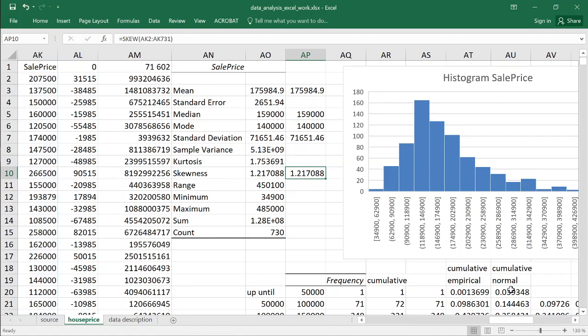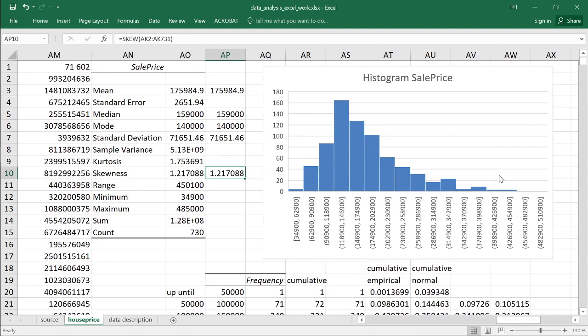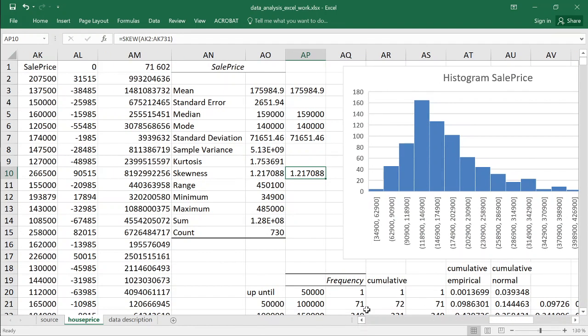If the distribution looks like this one, where the left tail is rather steep and the right tail is rather flat, then the skewness is positive. If it was the opposite, that the left tail would be flat and the right tail would be steep, the skewness would be negative. And the more skewed, the larger that number would be in absolute terms.